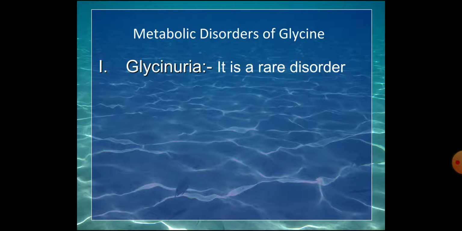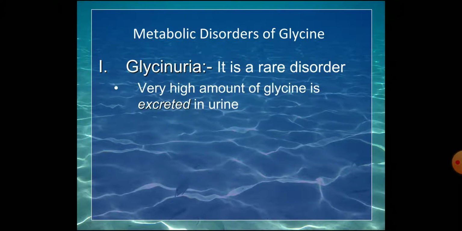Now 2 or 3 important disorders are associated with glycine metabolism. Just for the name's sake, you have to know the metabolic disorders of glycine. One is glycinuria. It is a rare disorder. A very high amount of glycine is excreted in urine. From the name itself, you can get that there is more excretion of glycine in the urine.